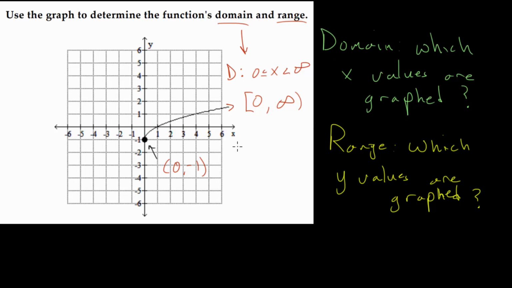Now, with the range, R, we look at the smallest y value, which looks to be the y value of this point right here. Since anything below that, y values below -1, there is no function. So it looks like our range starts at -1 and then increases towards positive infinity. Since again, this curve, it looks like it's going to go on forever.